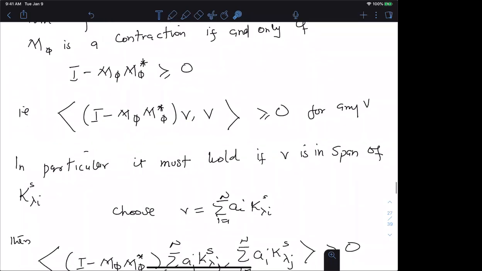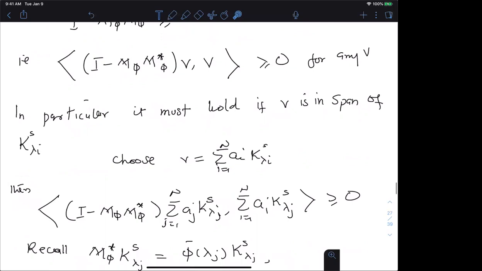Because this condition holds for the entire space, it also holds for the subspace that is spanned by the kernel elements. So let's pick a V that is in the subspace spanned by the eigenvectors of the adjoint multiplication operator. So V can be written as a linear combination of the kernel functions.